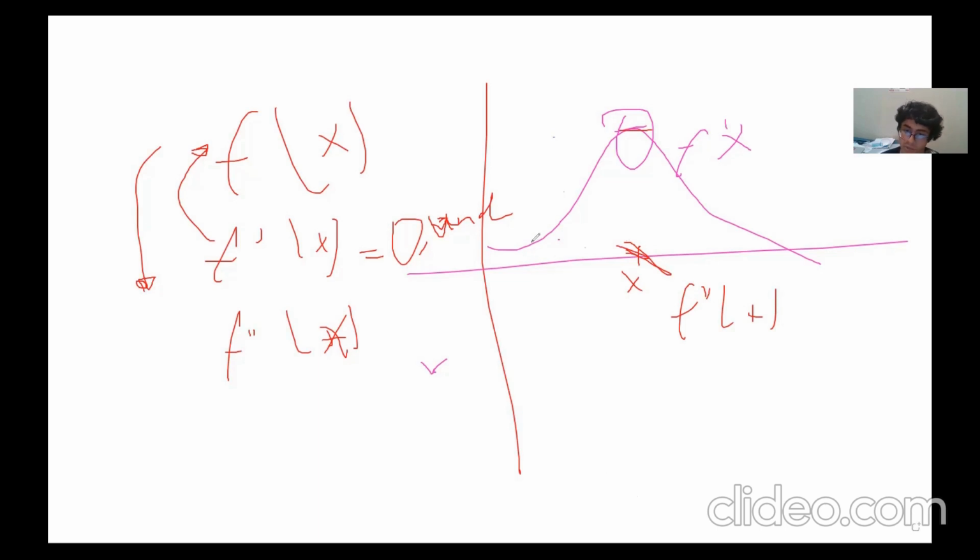If you're on this interval from A to B, right before the x where it changes, it was positive, but right after it was negative. You plug some points in, and make the point that the sign changes on the second derivative graph, and that's why there's a relative maxima.